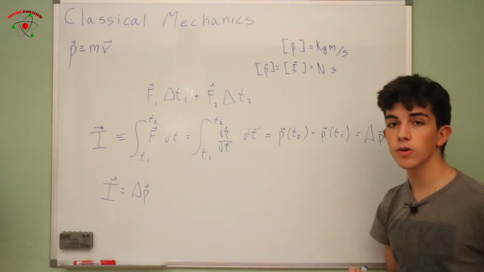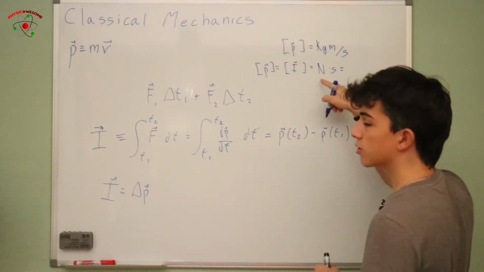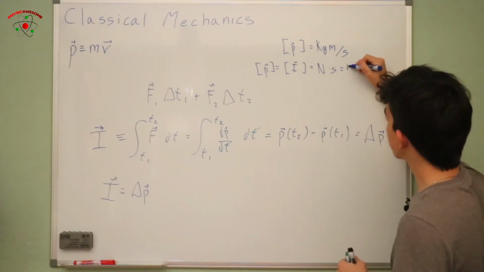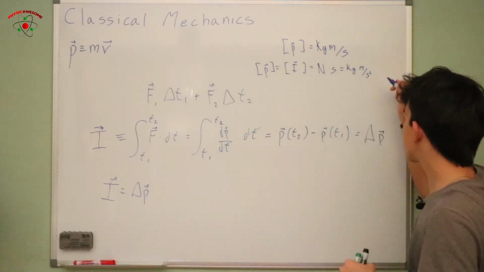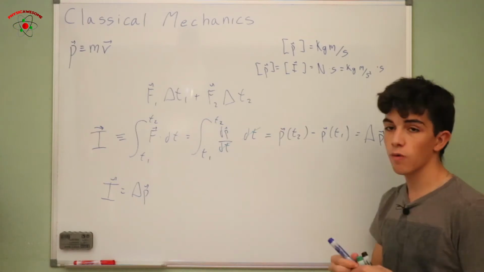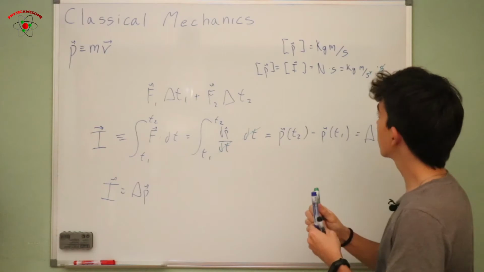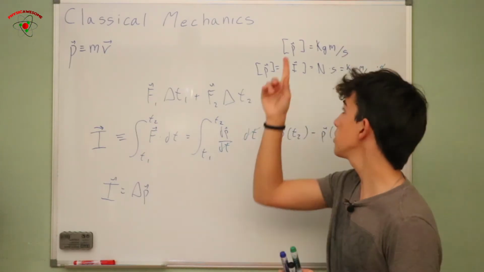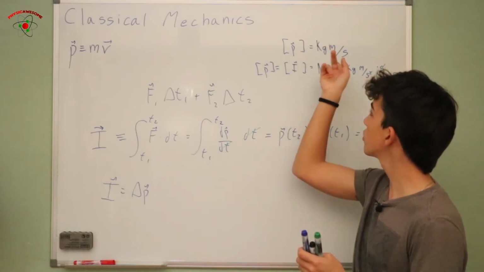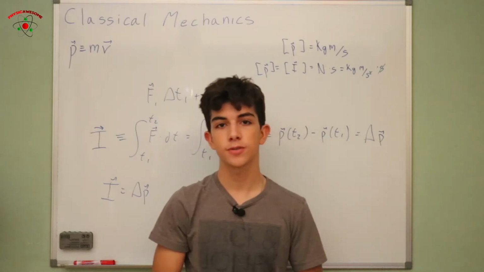So these two expressions are equivalent, and we can see that if we substitute the definition of a newton, that is kilograms meters over second squared, times seconds, we get two seconds that cancel, and that expression over there. So we have two different ways in which we can express the units of momentum or impulse.